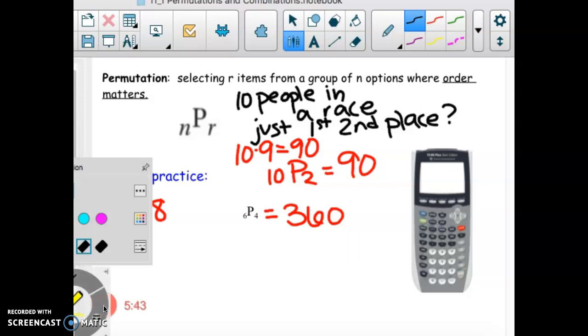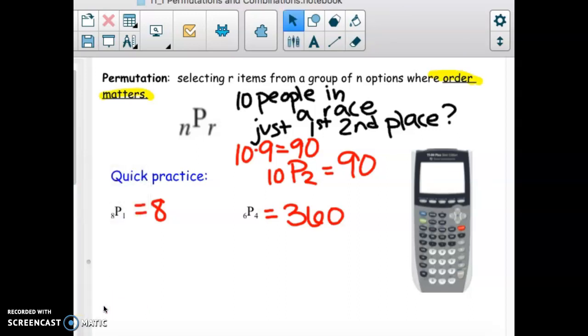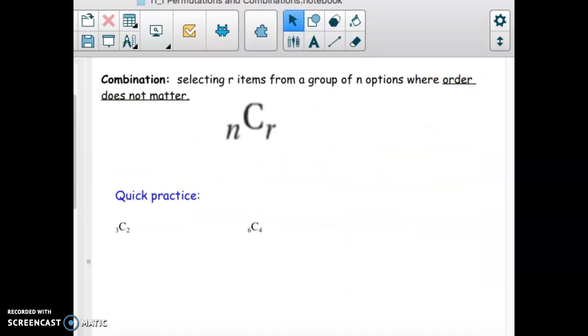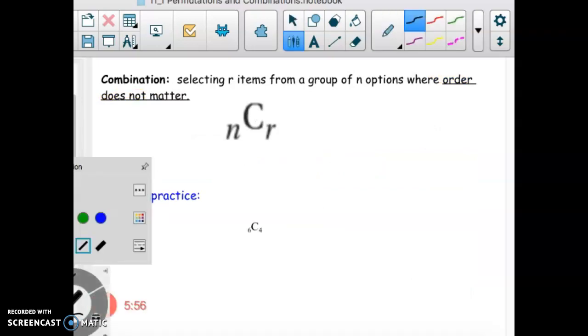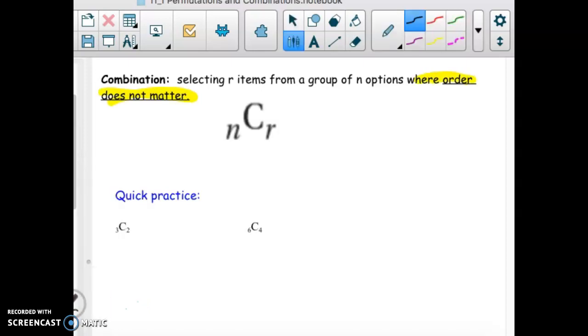That's a key thing. Kind of like in a race, order matters. You want to win. In a lineup, order matters. But sometimes order does not matter. When order does not matter, then you're going to use combinations. This is usually when you're doing a group of something or a committee. So let's say there's 40 people, and we're making a group of 4.